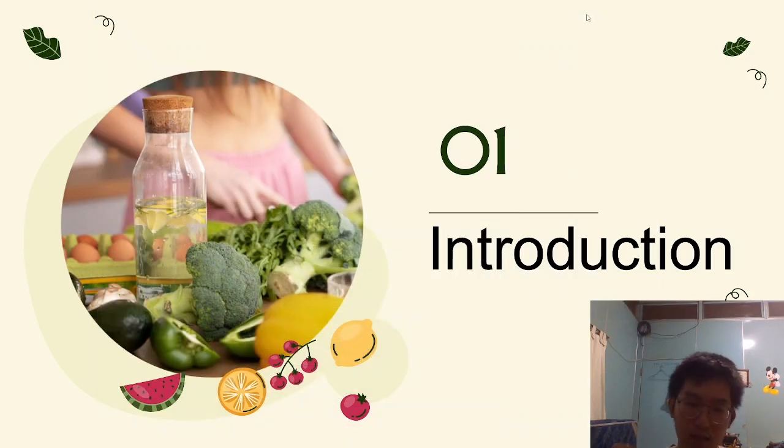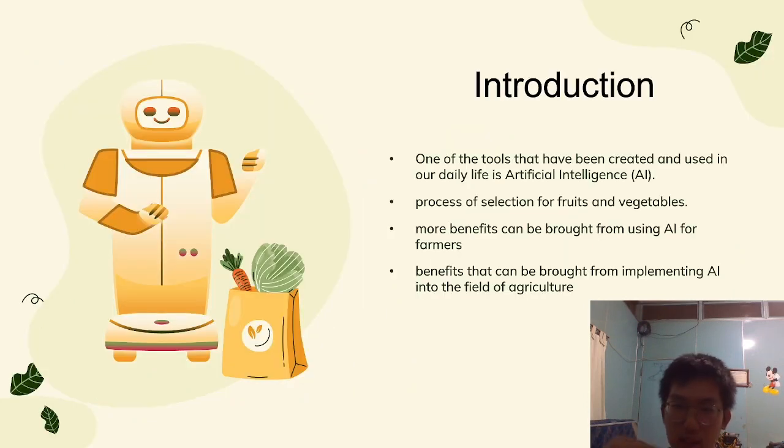Let's start with an introduction about the topic that we are going to discuss. First, one of the tools that have been created and used in our daily life is artificial intelligence, or AI. In this paper, we are going to discuss how implementing AI can help in the field of agriculture.